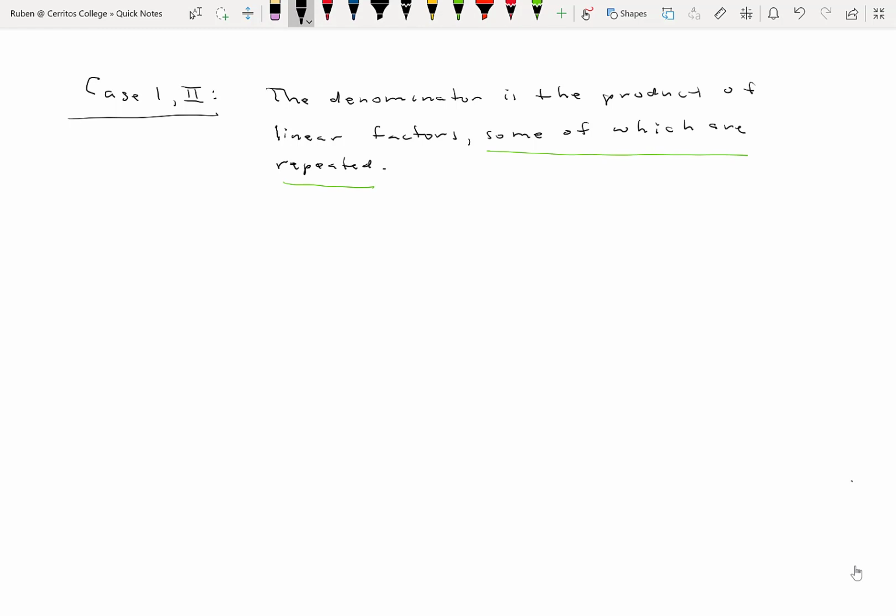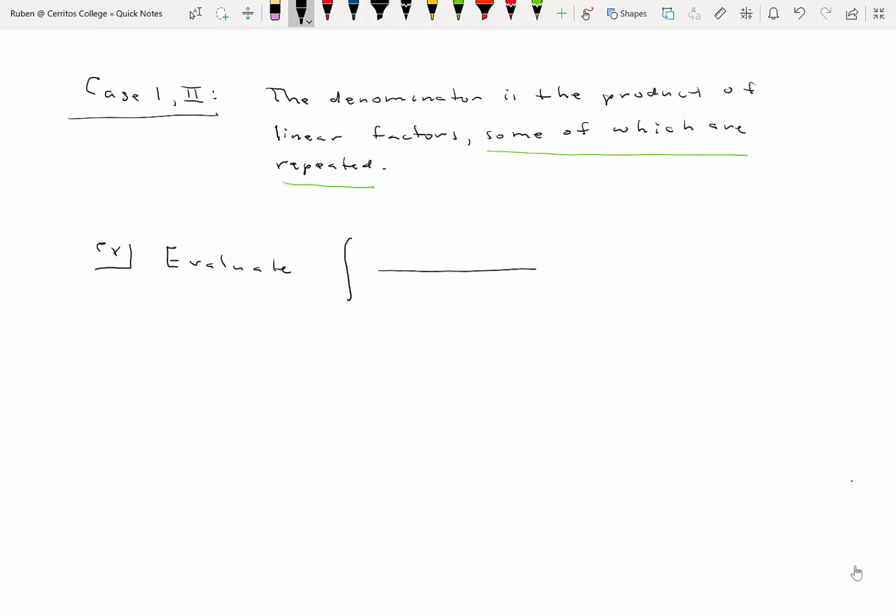What I mean by that is, suppose, let's see. Let's go ahead and look at a specific integral. Why not just dig in here? So suppose we're to evaluate an integral that satisfies what we're looking at in case Roman numeral 2.